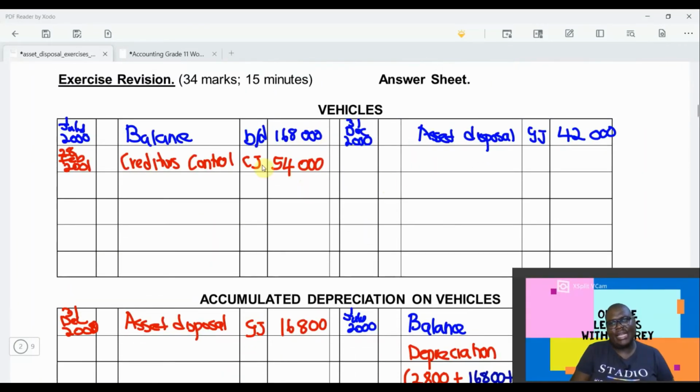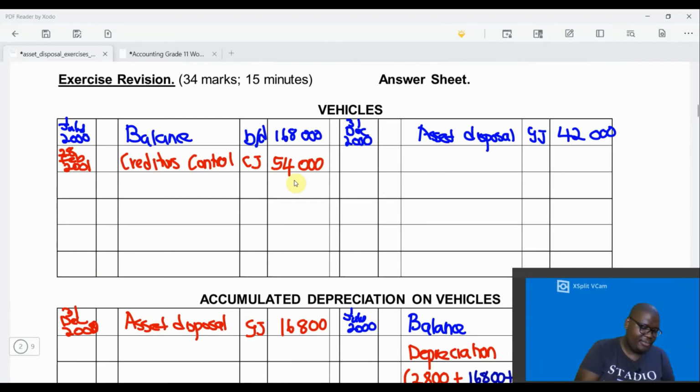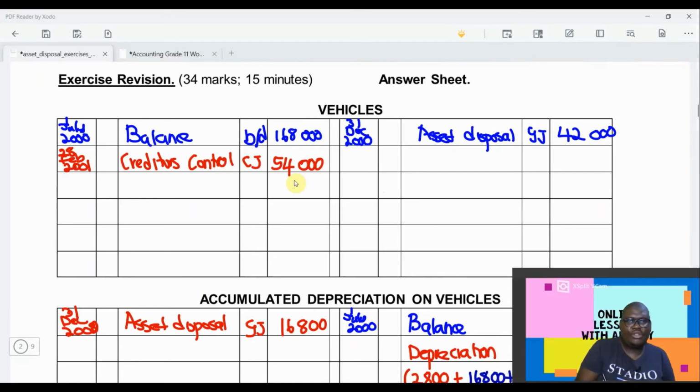Already I can see that this side is big. 168,000 plus 54,000, that's 222,000. So I'm just going to close them. So it's 222,000.